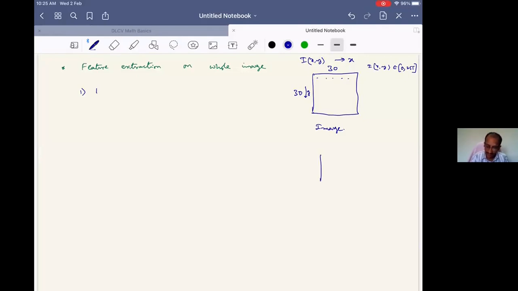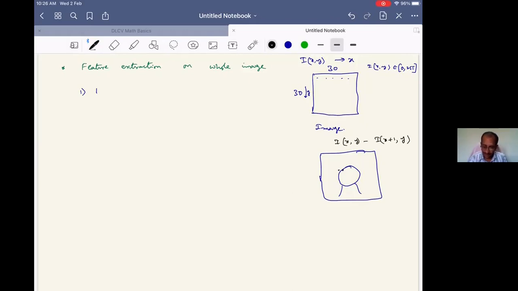If I have the whole image, say a face image, you want to highlight where the boundaries of this face are. So the suggestion is, wherever the intensity changes, say if this is I of x comma y at one location and I of x plus 1 comma y at the next location, then this difference, I of x comma y minus I of x plus 1 comma y, wherever it is high, you would like to highlight.